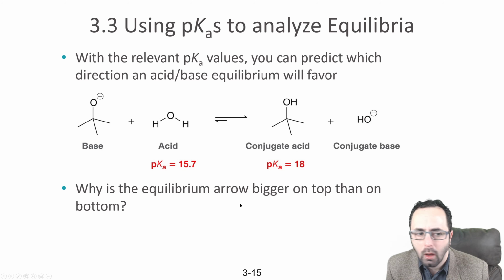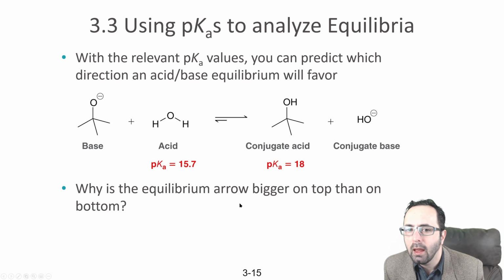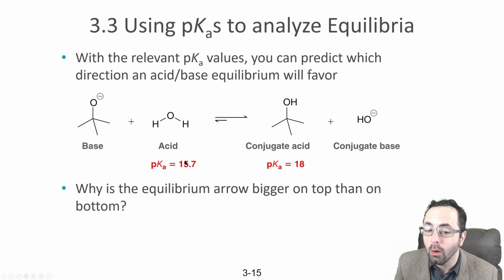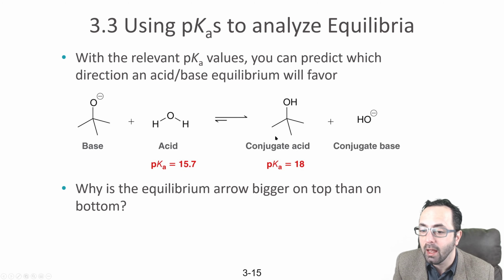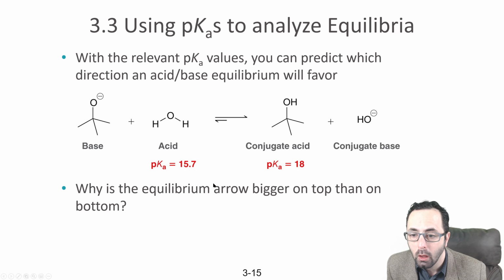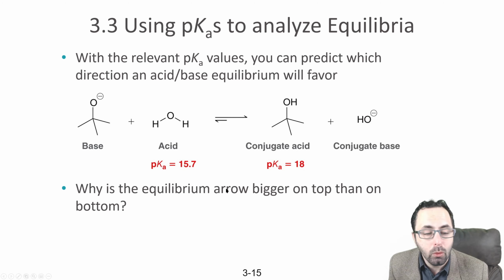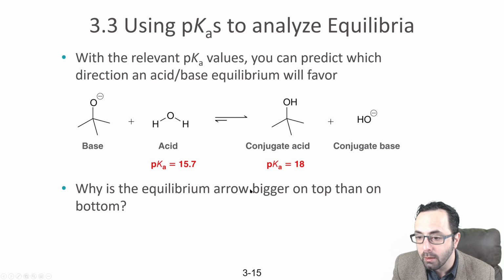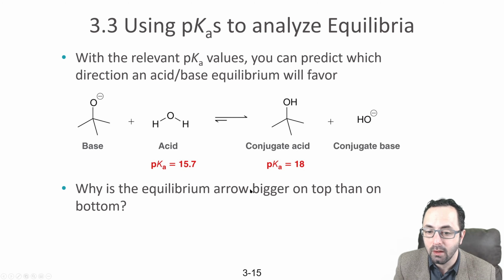So how will we use pKa's to analyze these equilibria now? Given the relative pKa's of an acid and the conjugate acid of a base in a reaction, we can decide which direction the reaction will go. And in general, the rule we're going to use is that the reaction is going to go from the stronger acid and base to the weaker acid and base.